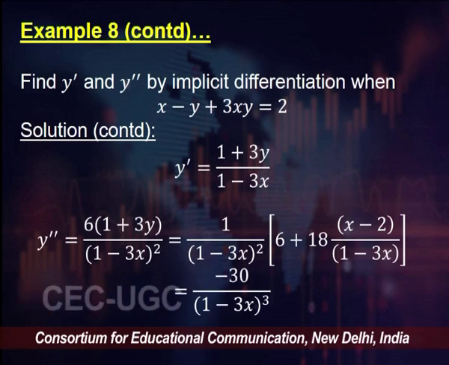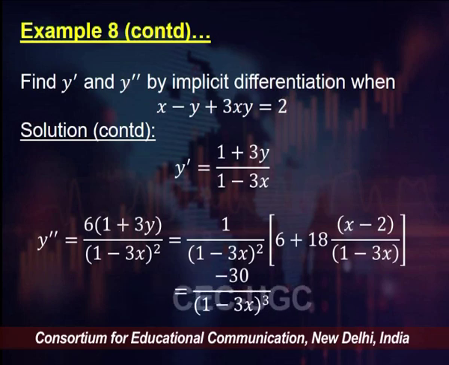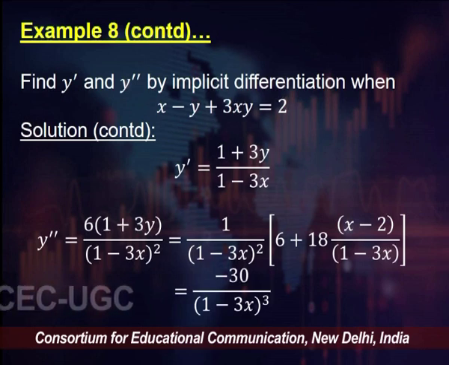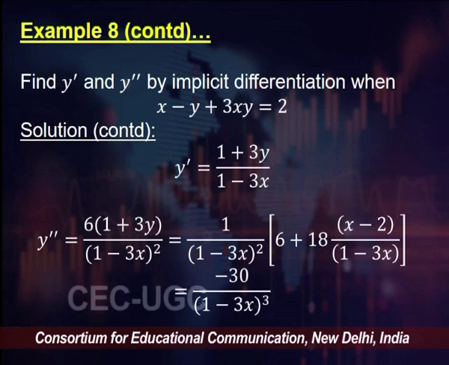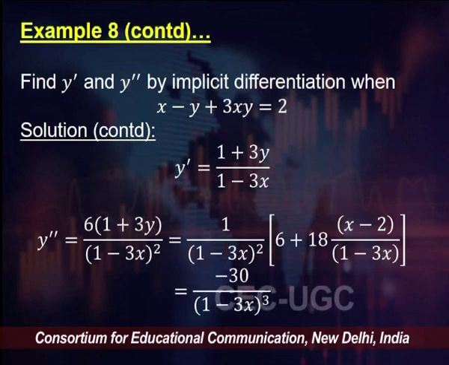Okay. So this is how we go about using the method of implicit differentiation to calculate either dy by dx or d2y by dx squared. The idea here is that you don't have to worry about whether the function can be expressed in explicit form.